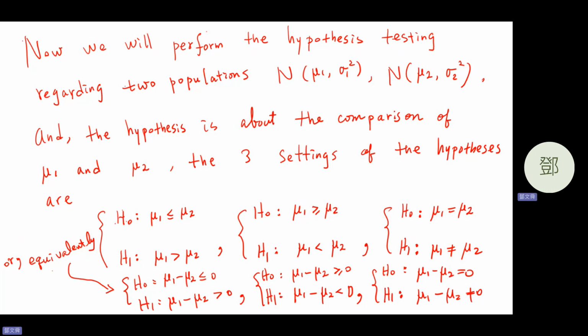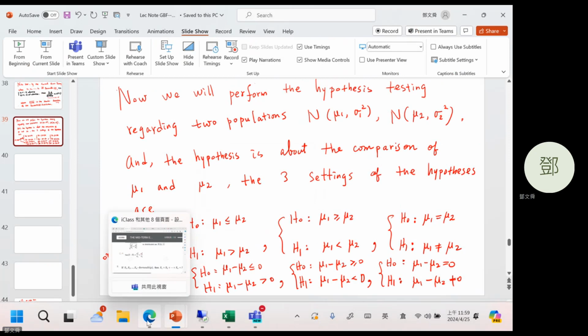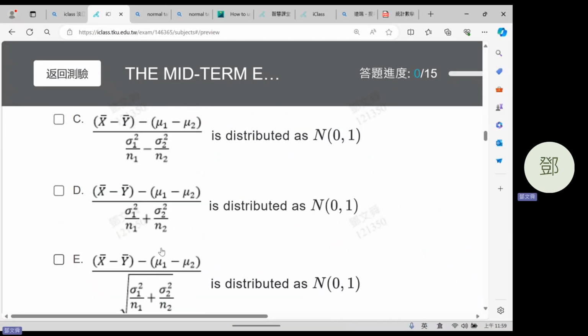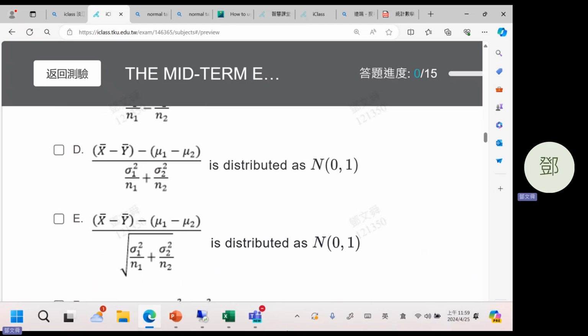For this kind of hypothesis testing, we will need this one formula, the one you saw in the midterm here. You will need this formula. Understand? And then we will study it next week, next Thursday.